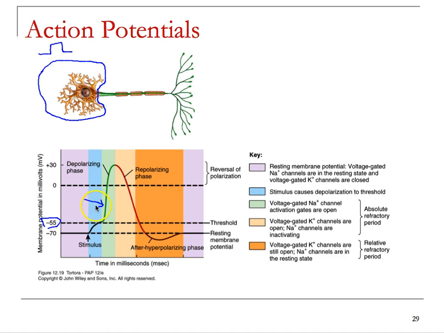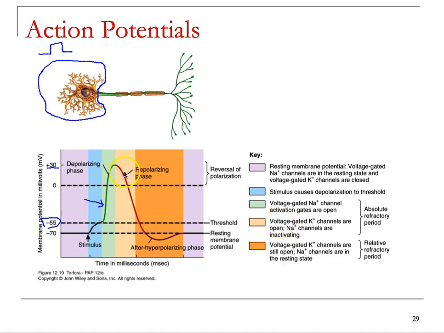In that opening, we depolarize the membrane so it gets to a plus 30 value. Simultaneously at reaching plus 30, we now have opened the voltage-gated potassium channels.